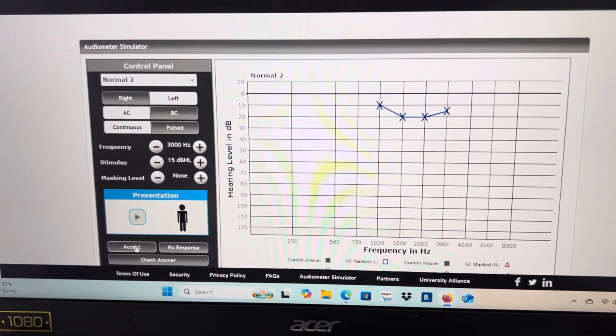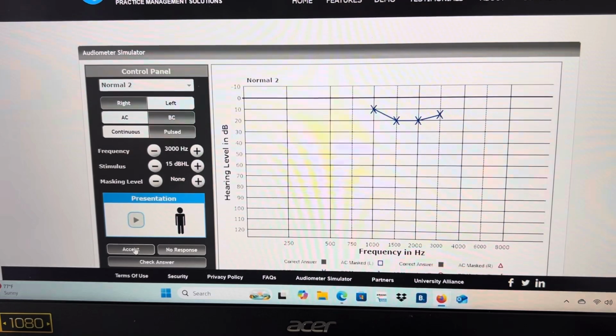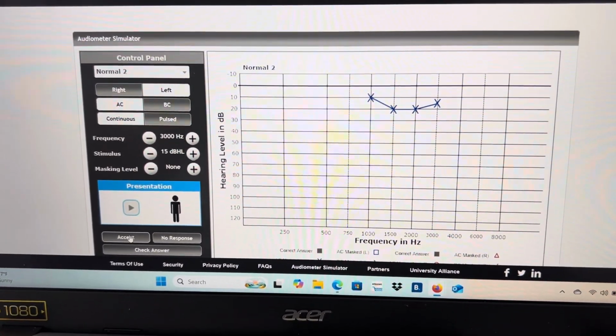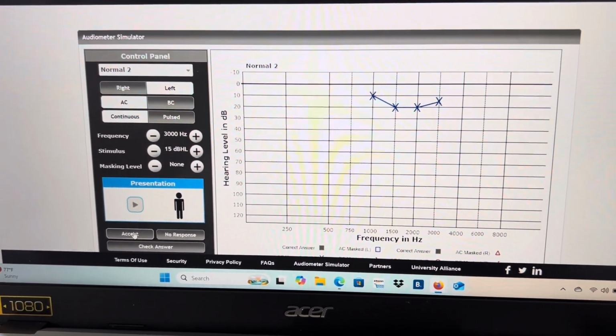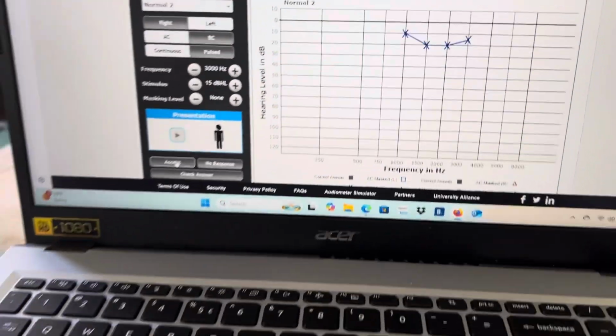Now I'm going to show you how to plot the threshold for 4000 hertz. What I do is I start by writing down the hertz, which is 4000 hertz.